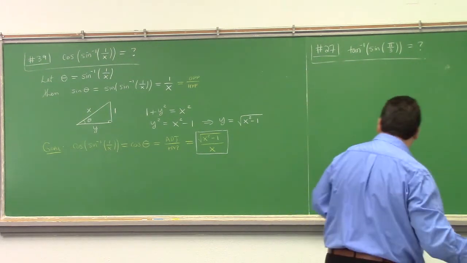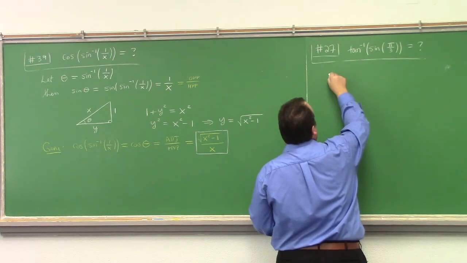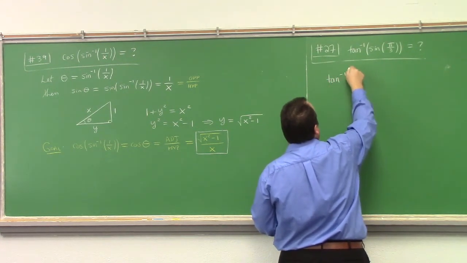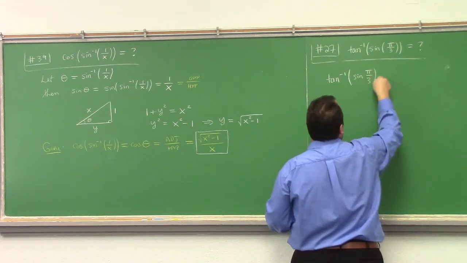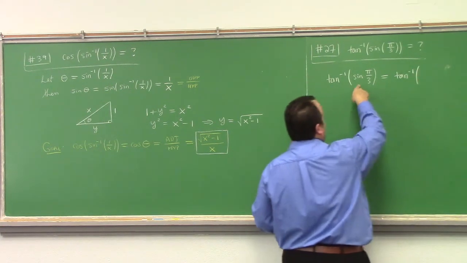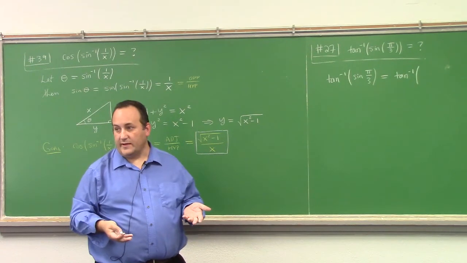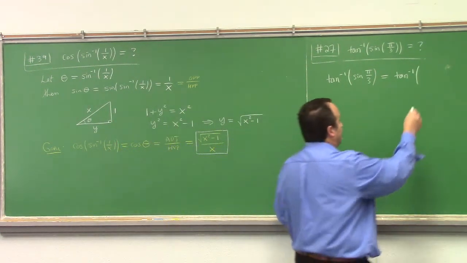Let's try this again. We're trying to figure out the inverse tangent of the sine of pi over 3, right? What's sine of pi over 3? Let's not complicate this. Sine of pi over 3 is square root 3 over 2.